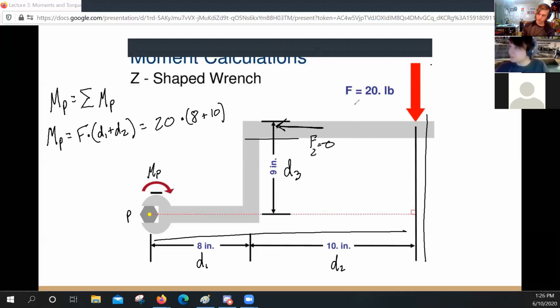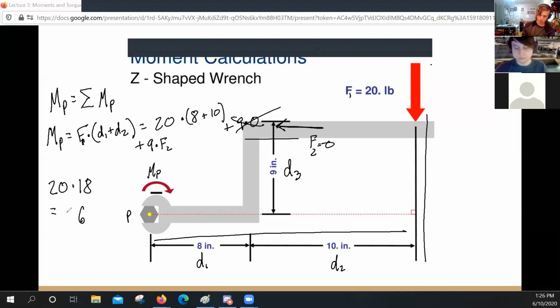So we'll call this F2 and this one F1. So we'd also say plus 9 times F2, which would be plus 9 times 0, so it cancels out. This term doesn't exist. And then we end up with 20 times 18, which is, what is that?